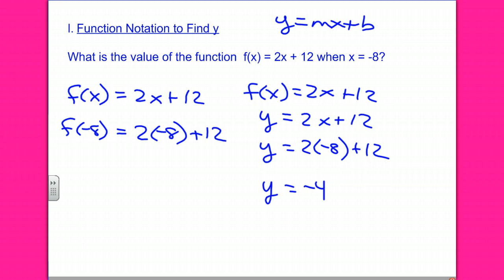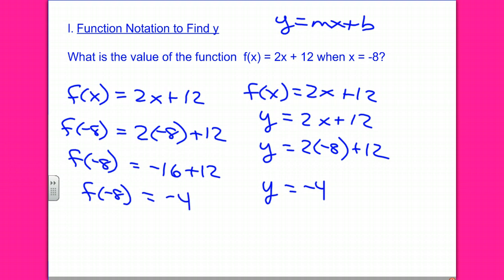On the left side now, we have a description of this function. What will this function equal when we plug in negative 8? And over here we can start to simplify the expression. And again, negative 16 plus 12 is negative 4.